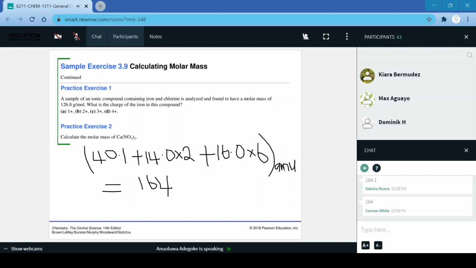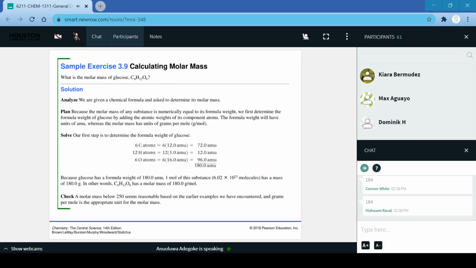All right, very good. 164.1 AMU. So that's how we find the formula weight, or I mean, the molar mass. That's just how we find the molar mass. And this example is given here.